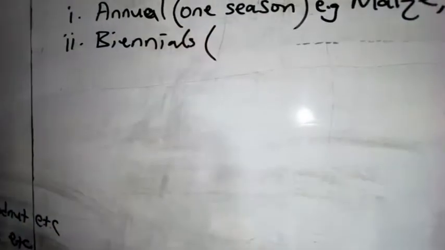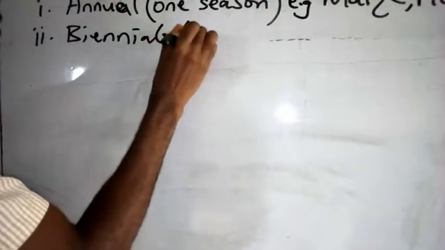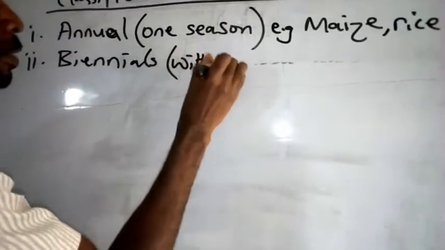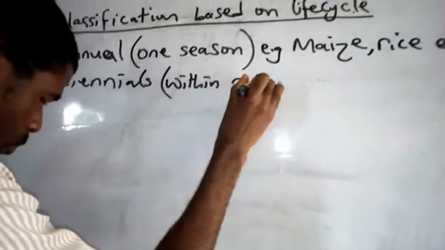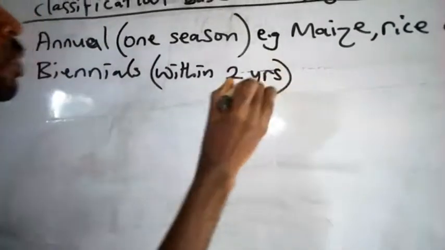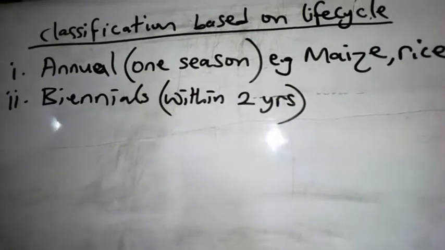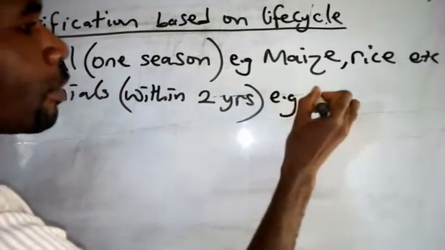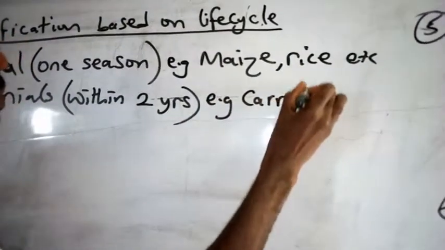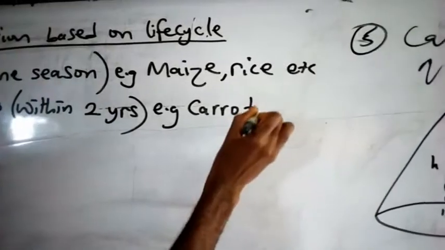This simply means they can be grown within 2 years. Within 2 years. An example of such, we have carrots, we have onions.